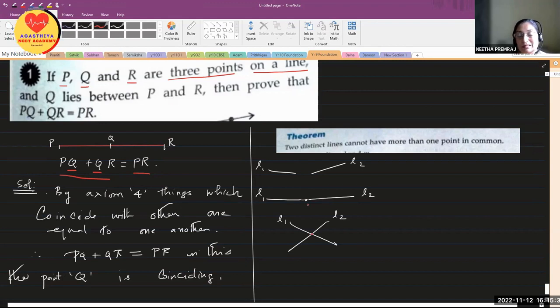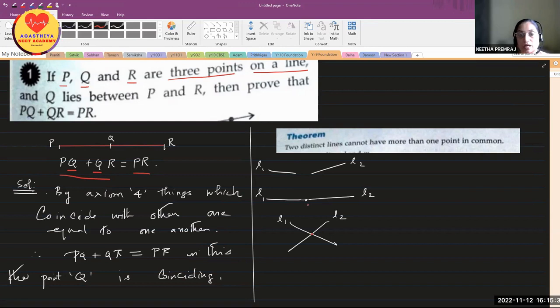That's it. So we can't write any definition for this. You just draw the figure. According to the figure, if the lines are not meeting, they don't have any common point. If the lines meet, they can have only one common point. That's it.